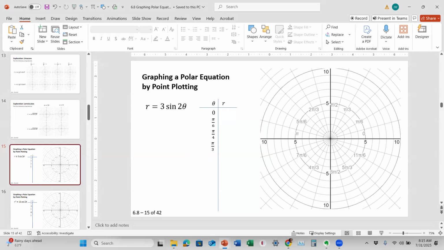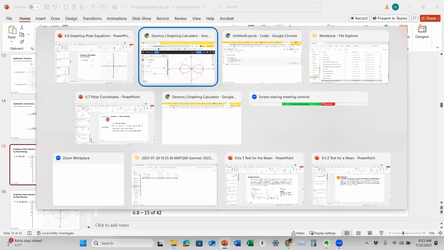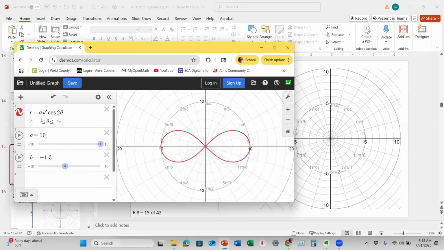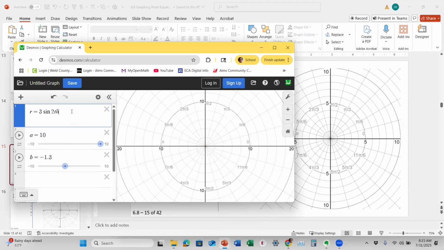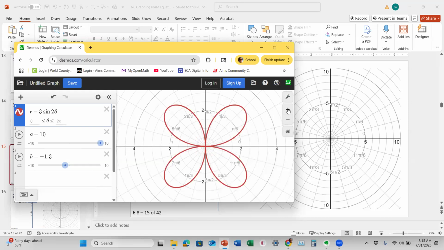It's 3 times 2 sine of theta. Nice little four-leaf clover there.